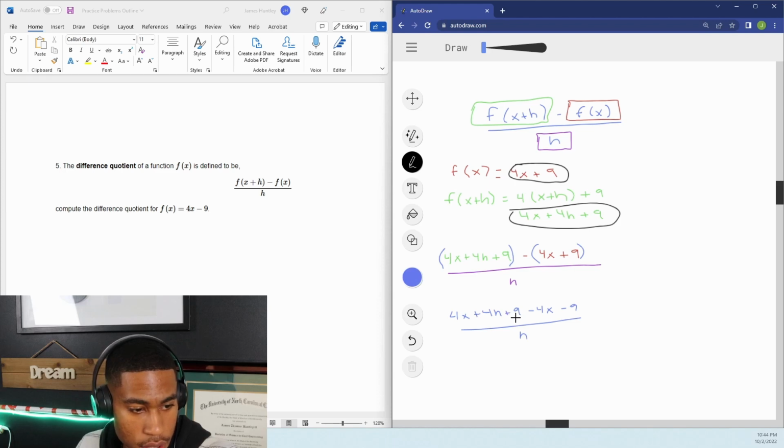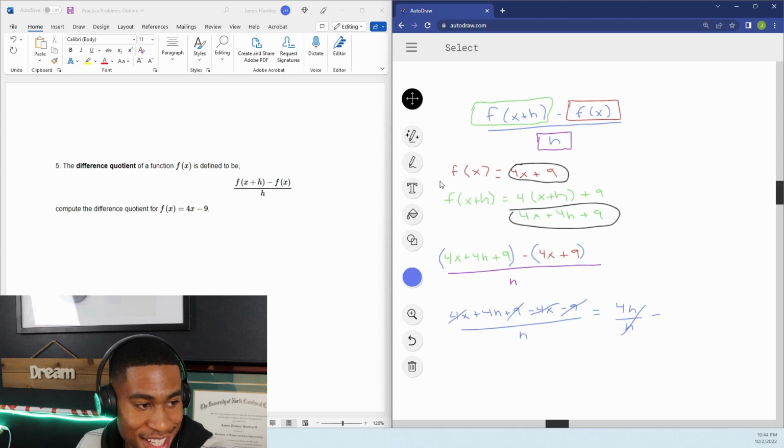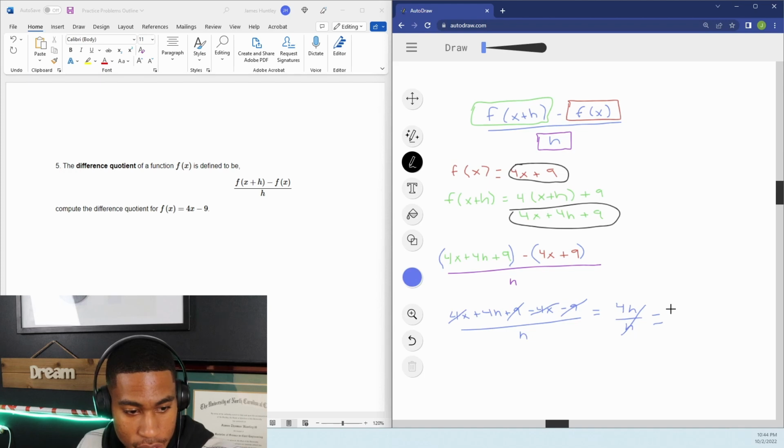It looks like these cancel out. 4x minus 4x is 0. So we are left with 4h over h. How convenient. So that equals 4. So hopefully this made sense. Our answer is 4.